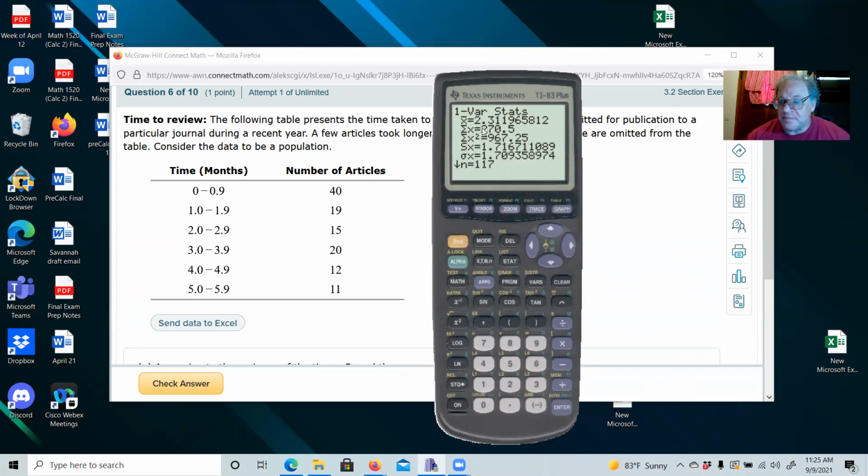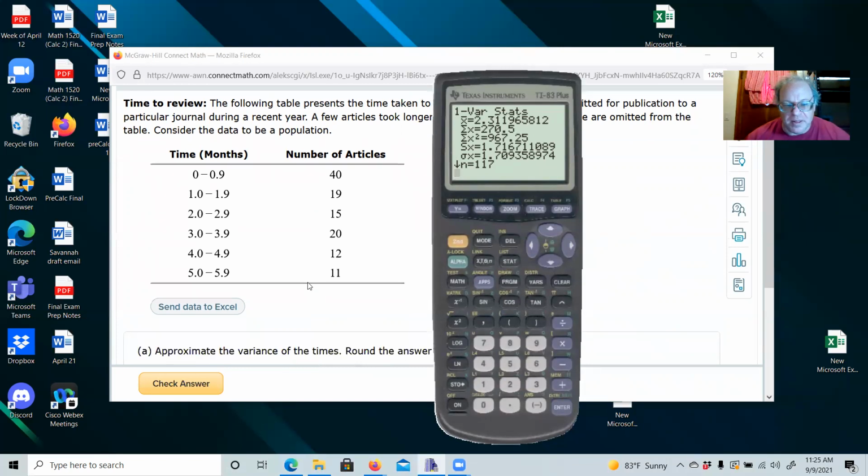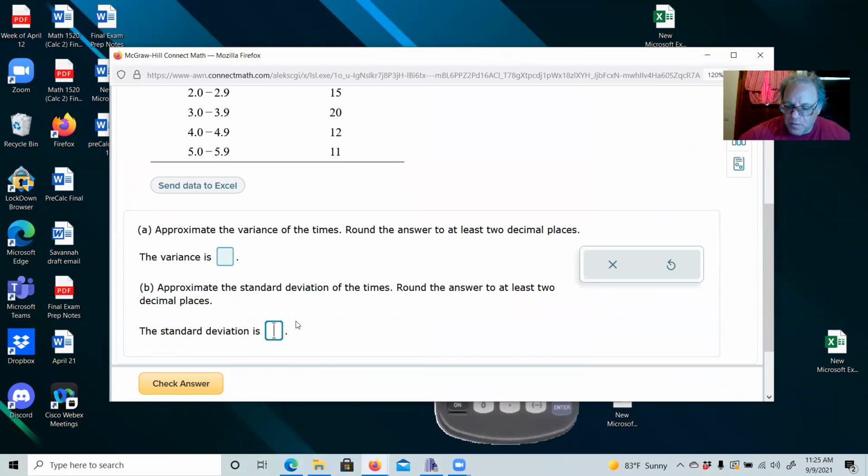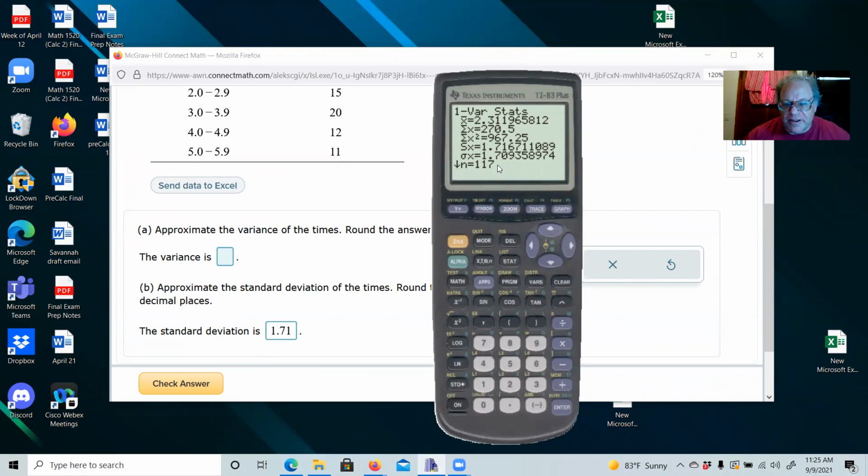2.3112, that's my average. So standard deviation here, and it's a population standard deviation. It's 1.7. What I'd like to do with my variance is square that.